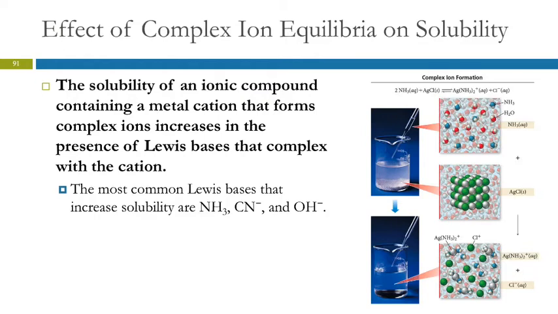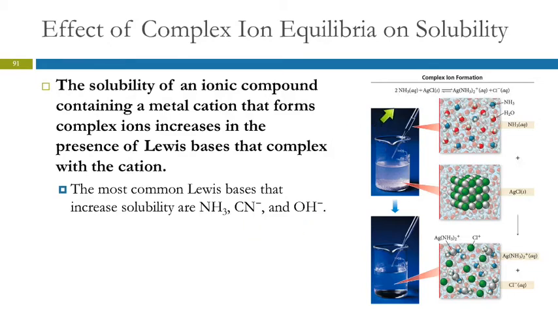So the solubility of an ionic compound will be affected if the metal cation in that compound forms complex ions. The most common Lewis bases that increase solubility will be ammonia, cyanide, and hydroxide.